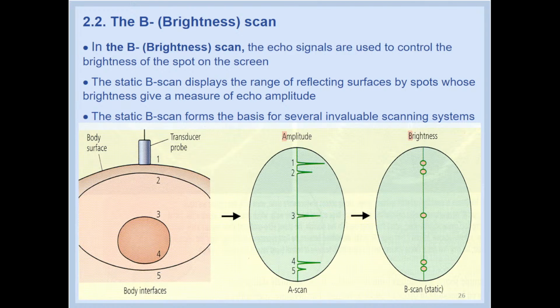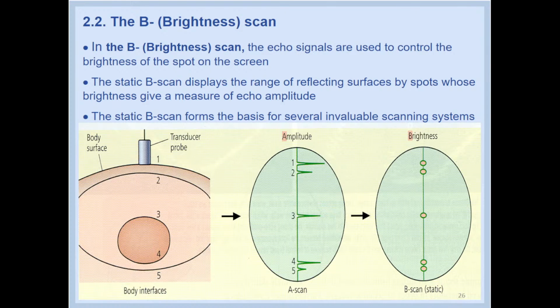In the brightness scan, the echo signals are not applied to the Y plates of the cathode ray oscilloscope, but instead are used to control the brightness of the spot on the screen.